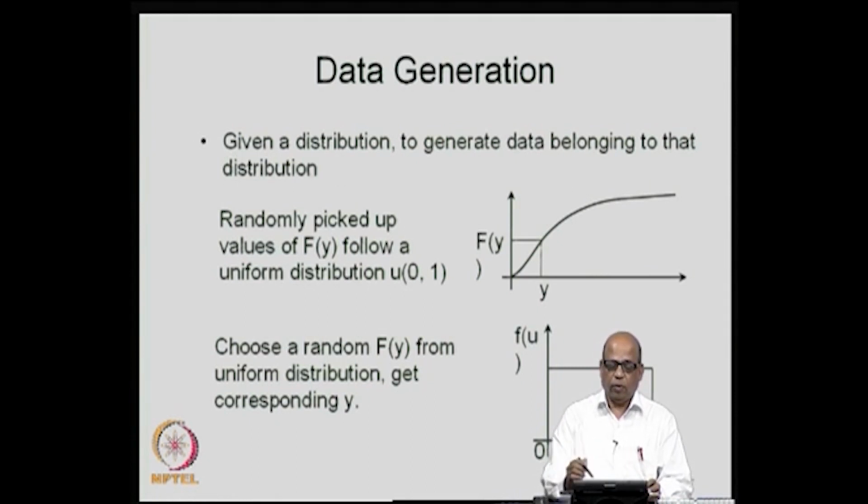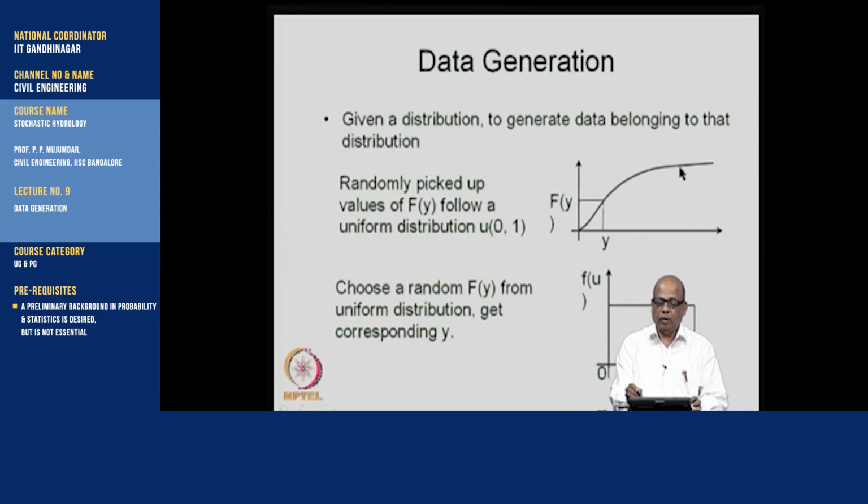The motivation for this procedure is that if you have the CDF, and any CDF you pick up, randomly pick values on the CDF. As you know, the CDF can vary between 0 and 1. So, if you pick up randomly the values on the CDF, they follow a uniform distribution in the interval 0 and 1.